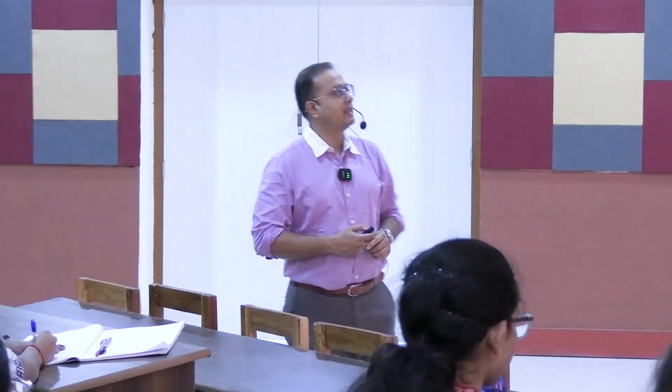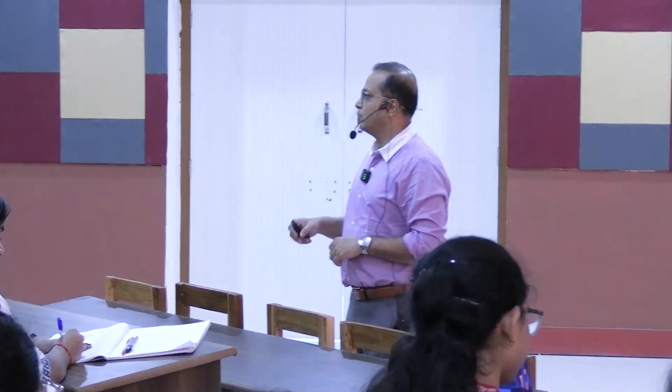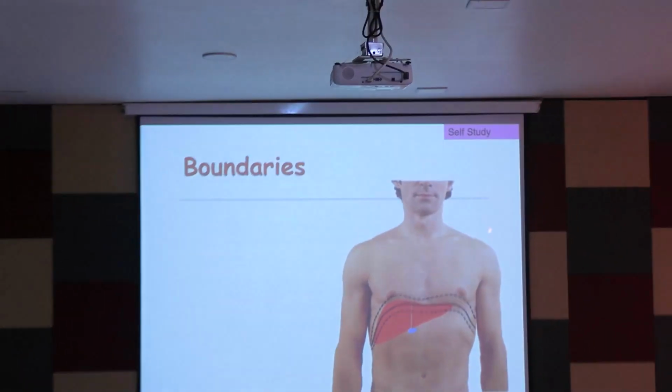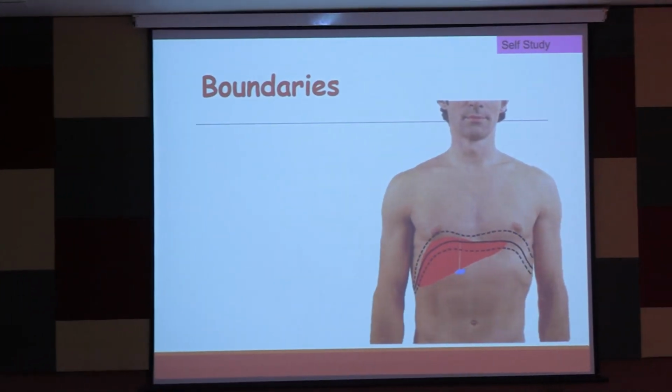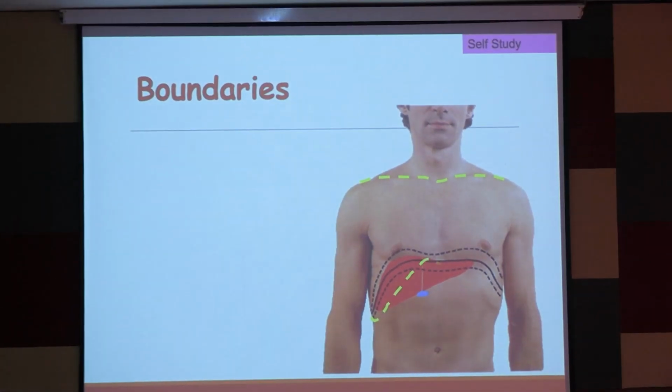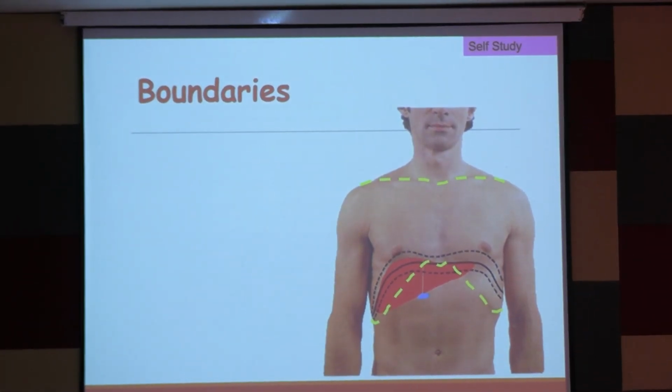Apart from these, we have some other surface anatomy landmarks that you have to know. This will be more relevant when you study physiology. Likewise, we have the boundaries. The upper boundary is limited by the top of the collarbone, the clavicle.